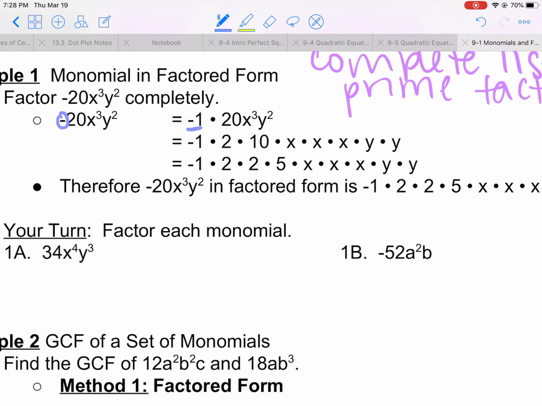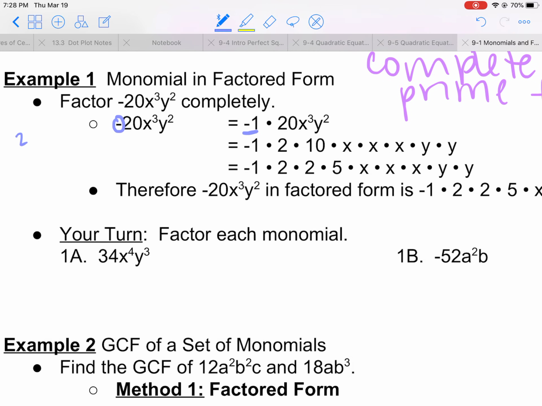I can take my 20 and use a factor tree, and I get 2 and 10, which gives me 5 and 2. So 2 times 10 factors into 2 times 2 times 5.